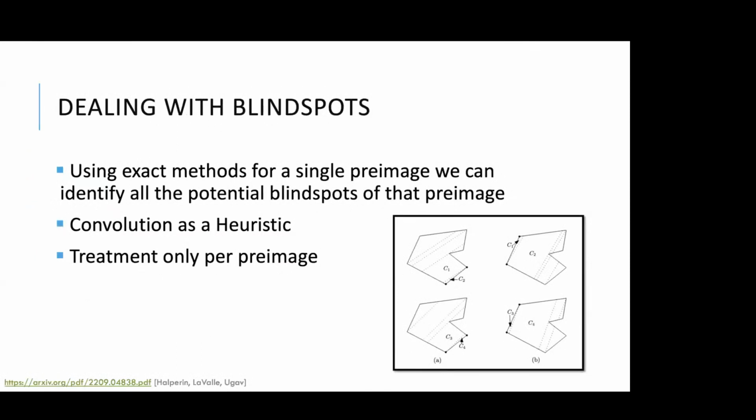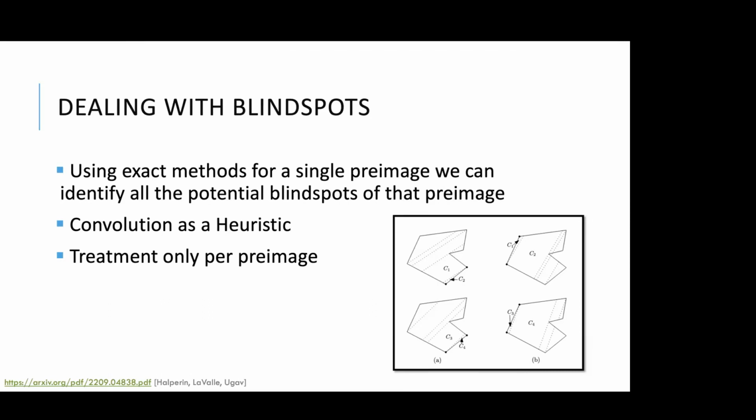So first of all, we need to understand what those blind spots are, and that is exactly what we said about the discontinuity points, or the voxels containing discontinuity points of the distance function. So there we cannot guarantee almost anything.